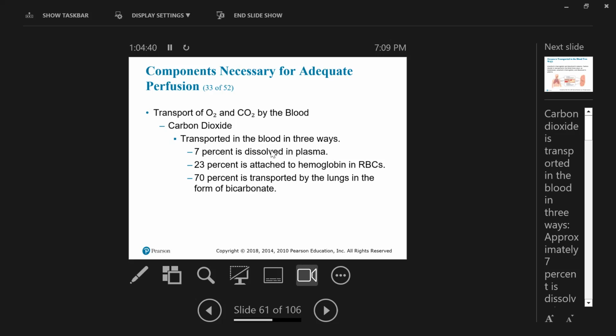of bicarbonate. Once we start getting into more advanced levels, we study how pH is regulated in the body and how it affects how you breathe and ventilate yourself.